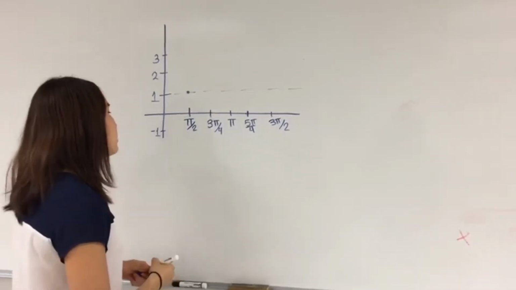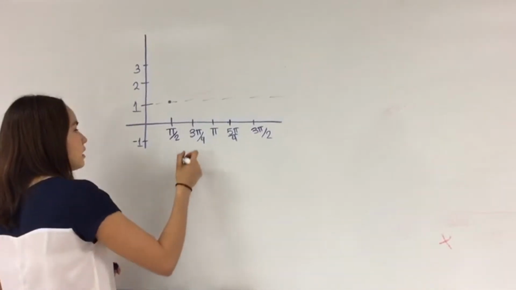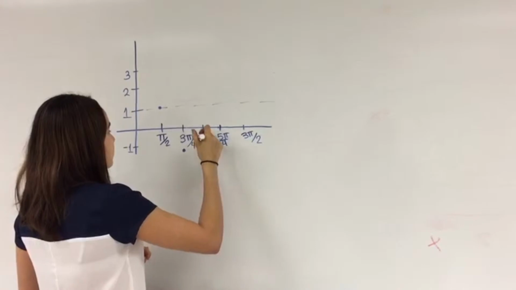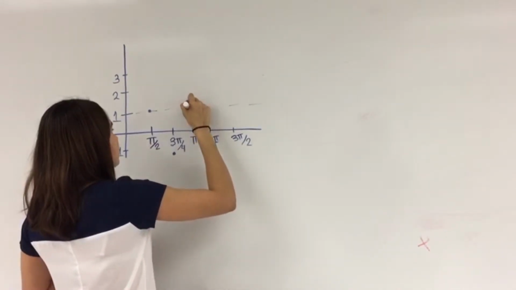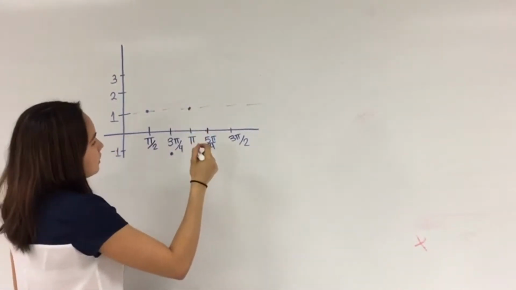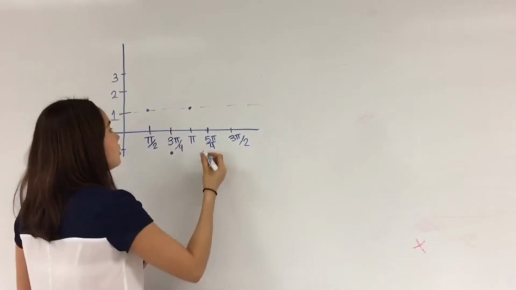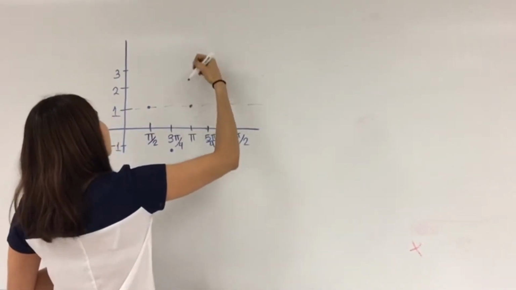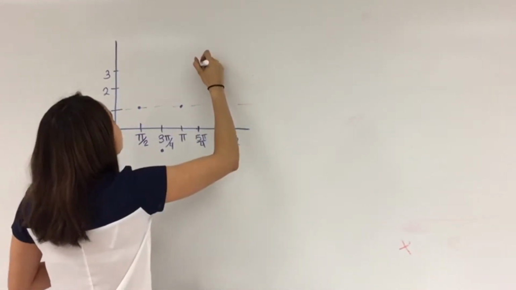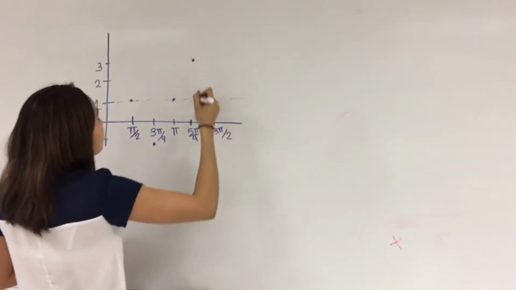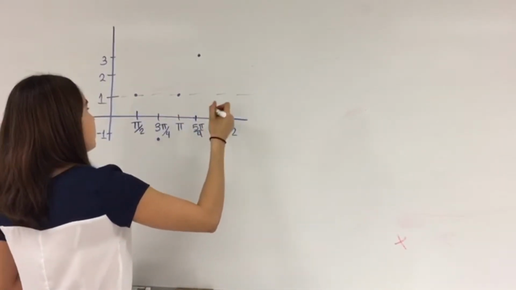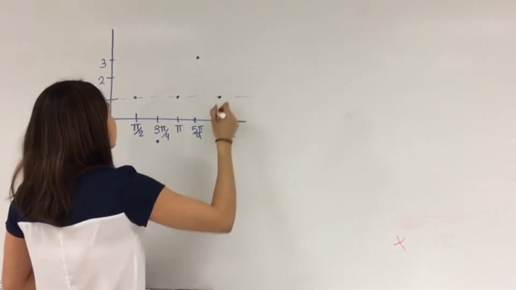Then the next point will be 3π over 4, comma negative 1. The next one is π, which returns to the vertical shift, which is 1. The next point will be 5π over 4, which will go 2 points up from the vertical shift, and which ends in 3. And the 3π over 2 will end in the vertical shift once again.